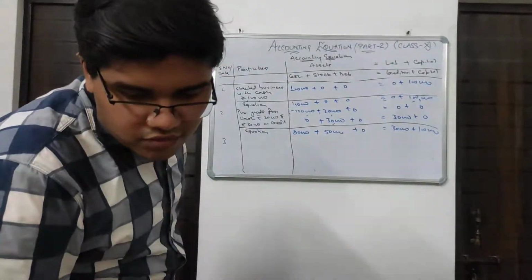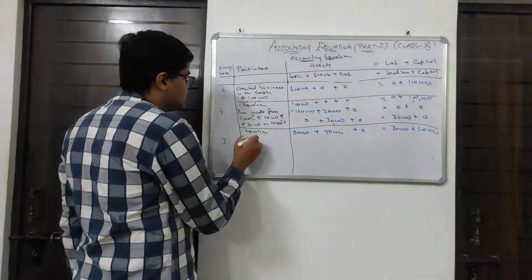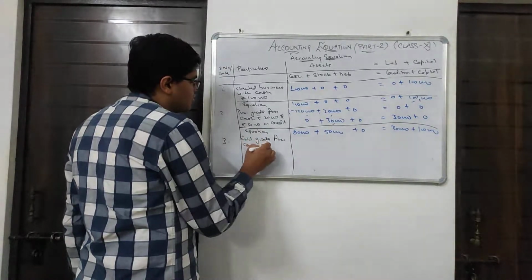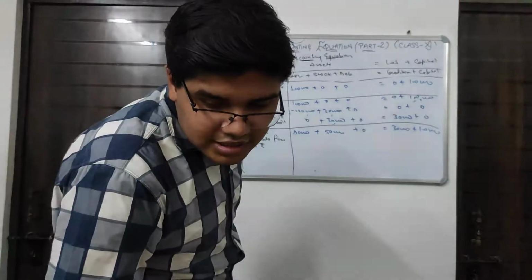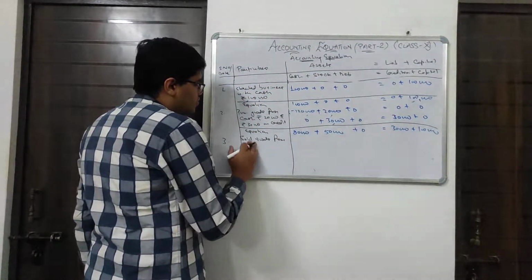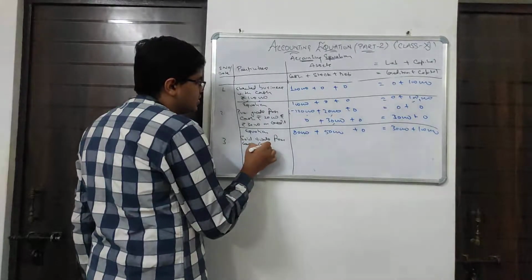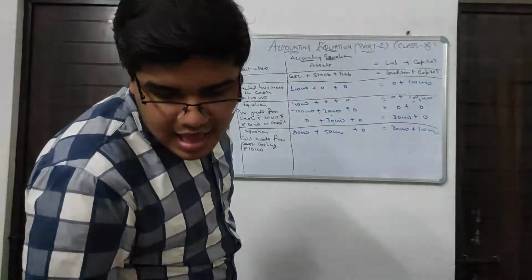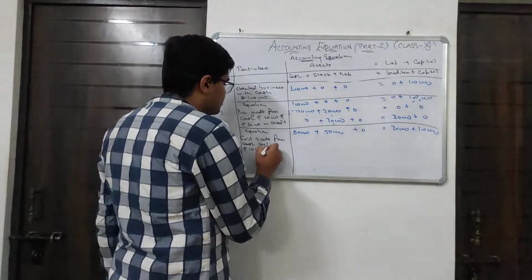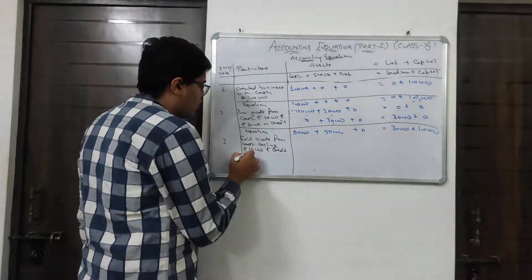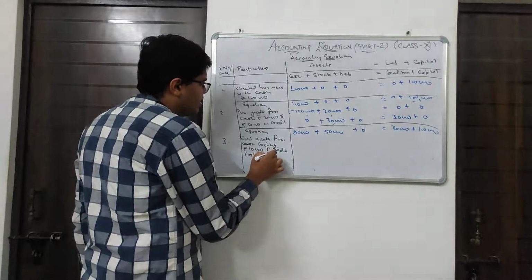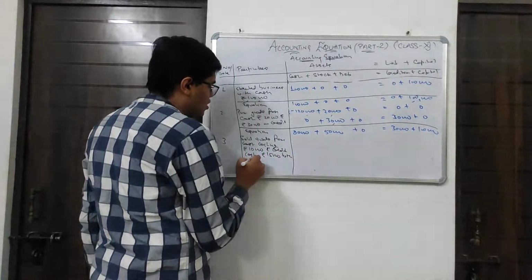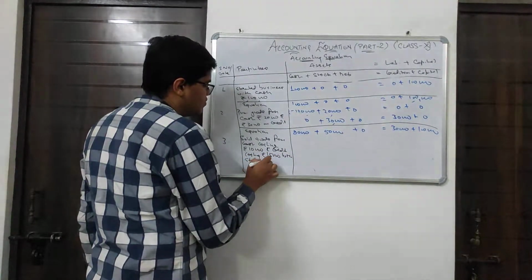Last transaction: sold goods for cash costing rupees 10,000 and credit costing 15,000, both at a profit of 20%.